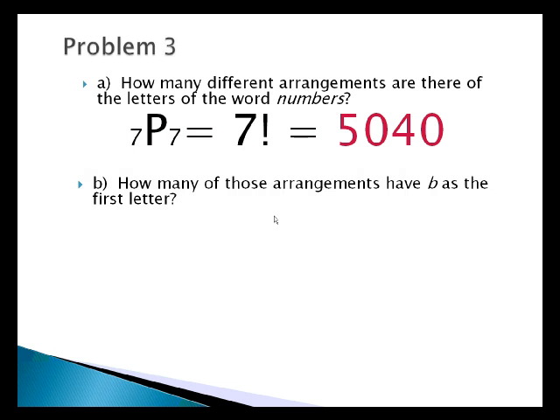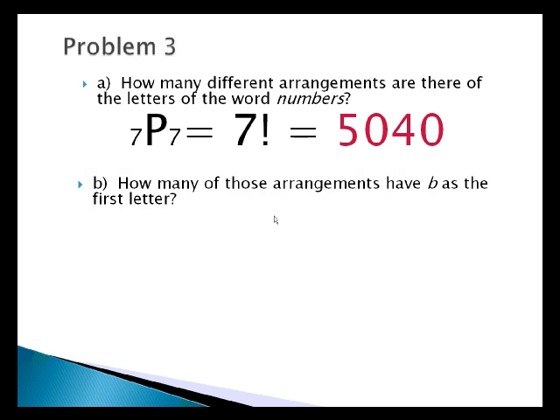All right, how many of those arrangements have B as the first letter? Okay, how'd you get 120? Not 5 factorial, 6 factorial, because how many letters are left once you put B as the first letter? 6.